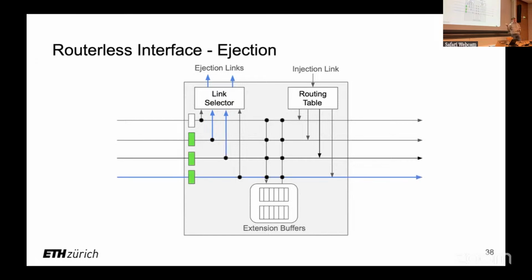What happens if there's more things currently that are all meant for you and you can't eject them all at the same time? Well, you can just eject however many you can, and the rest, well, you're unlucky, you'll just send them to the next node, because it's a loop, right? Eventually it will come back to you, and then hopefully you can eject it.